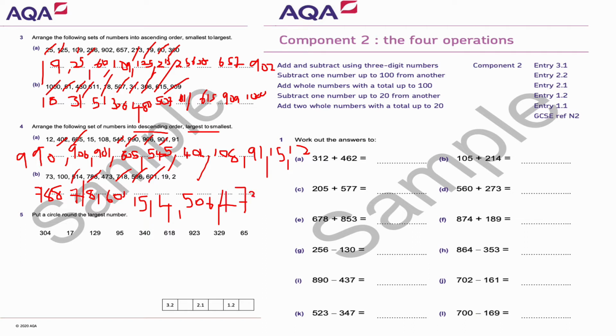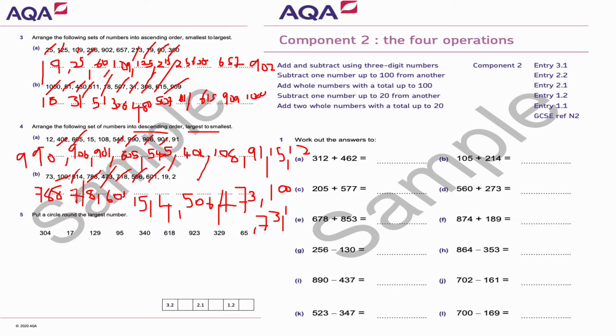Then it's going to be 100. Then it's going to be 73. 19 and 2. Okay, so it should be a comma there, not 173. It should be a comma there.